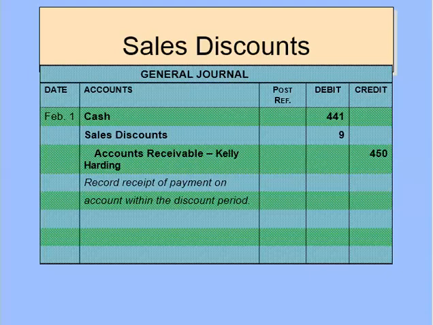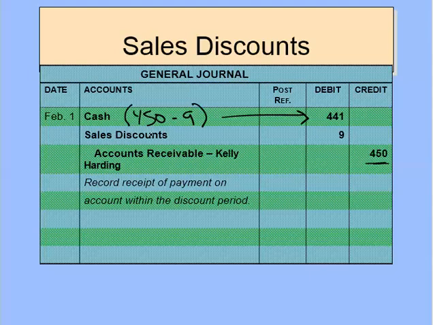So here's an example where we purchased $450 worth of merchandise. Apparently we got to take advantage of the discount, so we only have to pay $441 for that particular item. $450 cost minus the $9 discount is $441. So we debit cash for the amount we're going to be receiving.